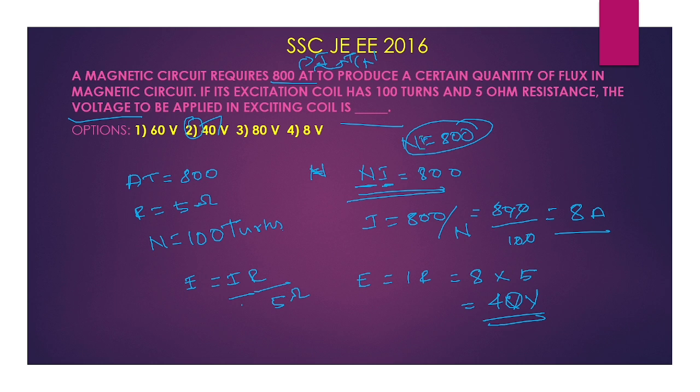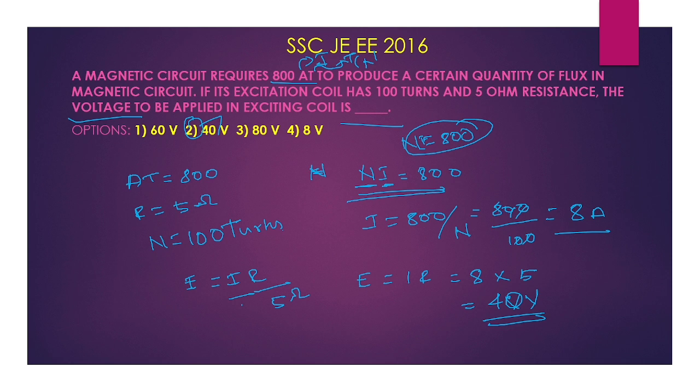If its excitation coil has 100 turns, N is equal to 100 turns, and the resistance is 5 ohm, so R is equal to 5 ohm. The voltage applied in the excitation coil is dash. We know the formula of voltage is E is equal to IR.